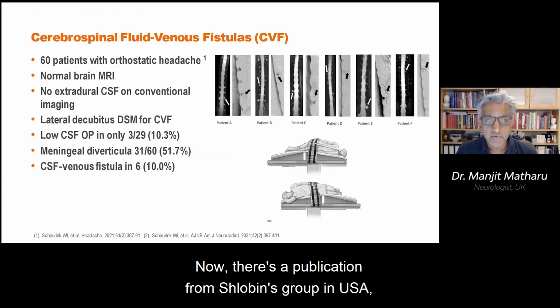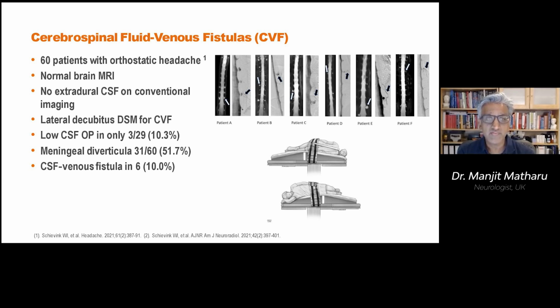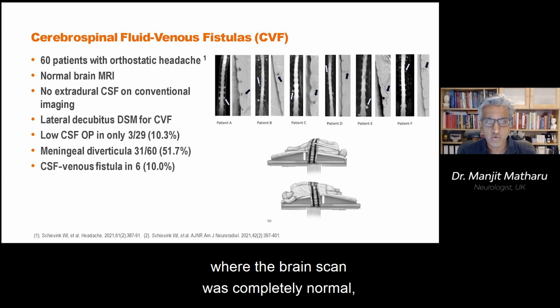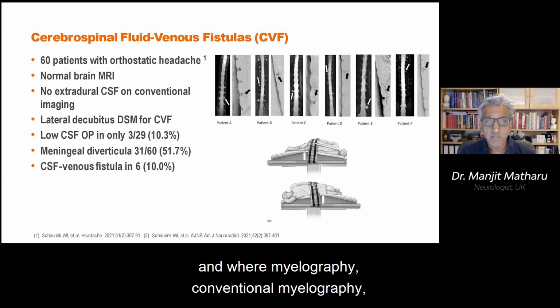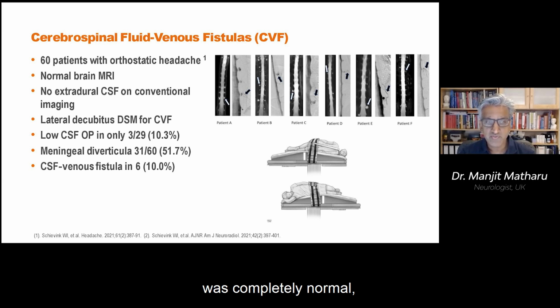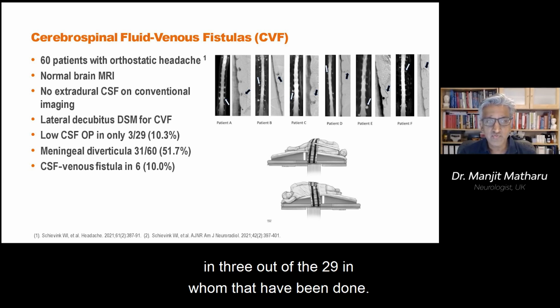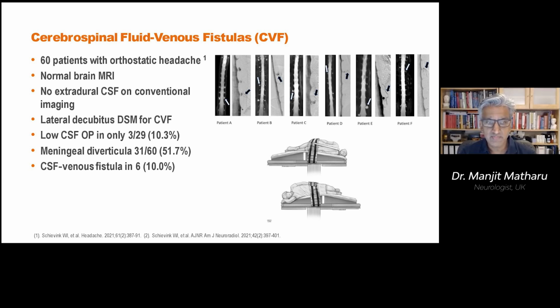Now, there's a publication from Schievink's group in the USA where they looked at 60 people who had an orthostatic headache, where the brain scan was completely normal, and where conventional myelography was completely normal, and lumbar punctures had only been abnormal in 3 out of the 29 in whom they had been done.